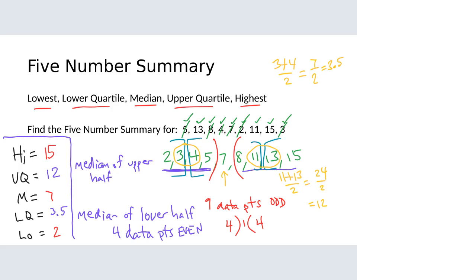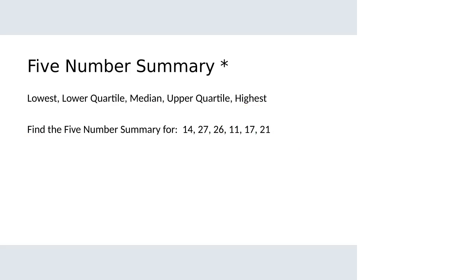All right, outstanding. I want you to find the 5-number summary for that data set. I'm going to make a poll for this. My poll is just going to be the lower quartile and the upper quartile. I'm thinking if you found those correctly, then you've probably found all 5 correctly.